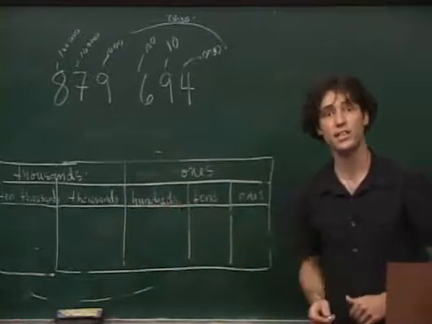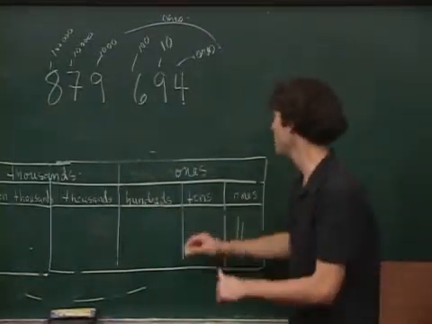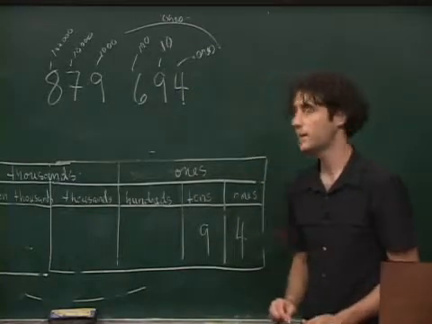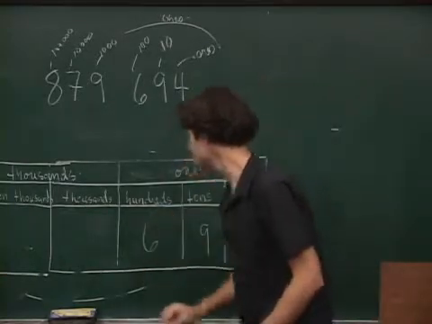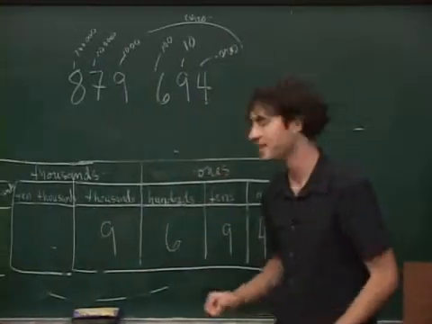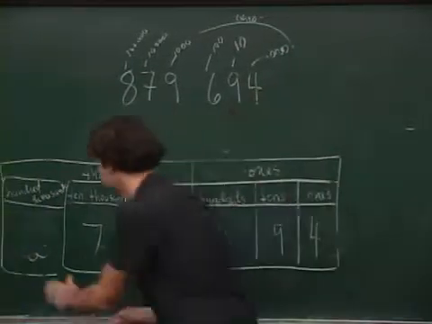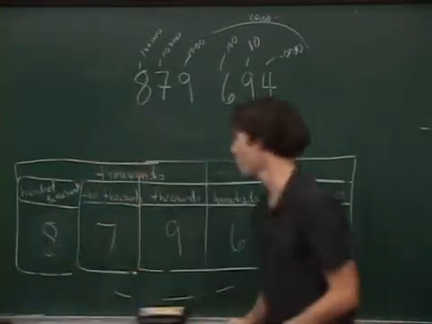So put it into your digit table. So how many ones? 4. How many tens? 9. How many hundreds? 6. How many thousands? 9. How many 10,000s? 7. How many 100,000s?